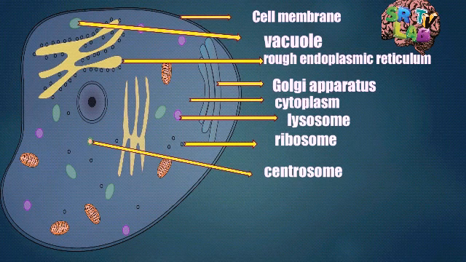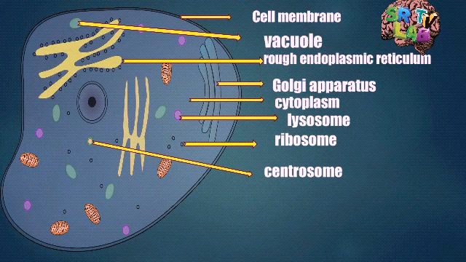After this centrosome, we are going to see the smooth endoplasmic reticulum. You remember we have seen the rough endoplasmic reticulum. The functions are all the same. Apart from that, the rough endoplasmic reticulum is coated by the ribosomes. The smooth one is not coated by the ribosomes, but their functions are the same.